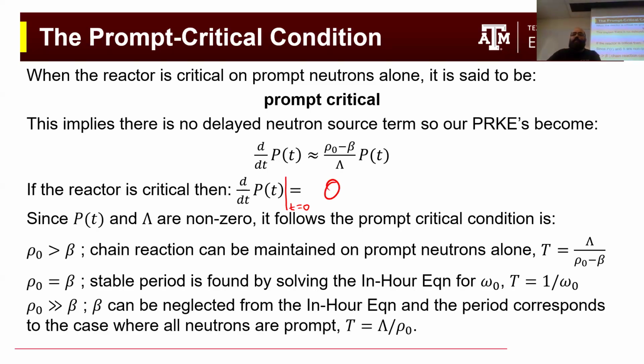And so if the derivative of the power is zero, then the left-hand side of this equation is zero, and we can probably assume that the power is not zero and that the mean generation time is not zero. So what follows is that the reactivity insertion is equal to the delayed neutron fraction.